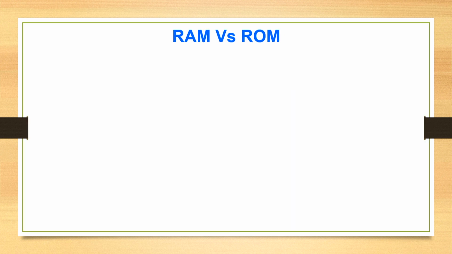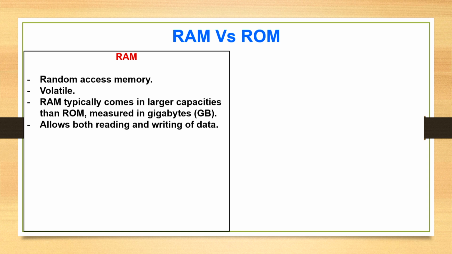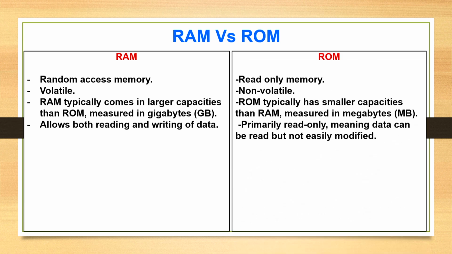Next, we will discuss the primary memories, where we can differentiate between RAM and ROM, that is random access memory and read-only memory. RAM is referred to as random access memory. It is volatile, and it typically comes in larger capacities than ROM, measured in gigabytes. It allows both reading and writing of data, whereas ROM, the read-only memory, is non-volatile.